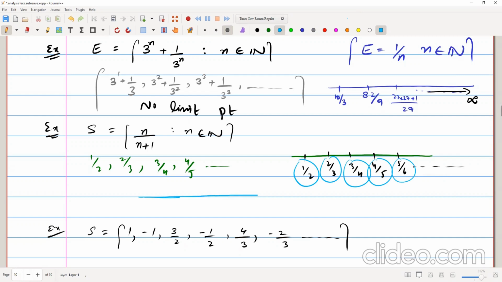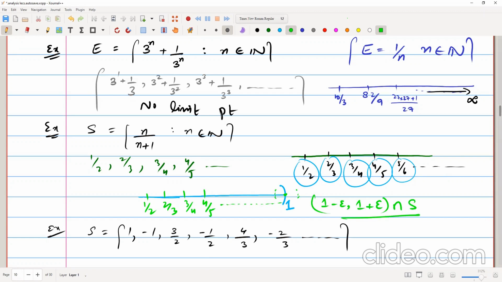The elements will look like they are near to 1. It will approach 1. In this manner, 1/2, 2/3, 3/4, 4/5, and so on, it will approach 1 here. If I take a neighborhood at 1, left and right, I will get 1 minus epsilon, comma, 1 plus epsilon, intersection with this set, which I call S, and I will get infinite points.